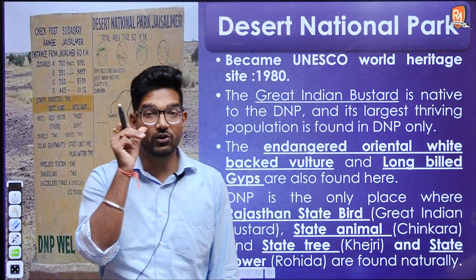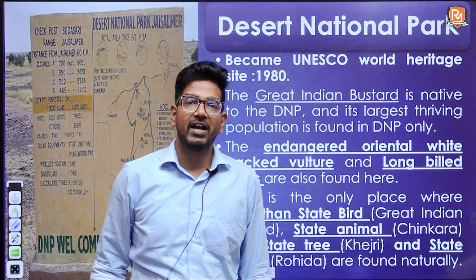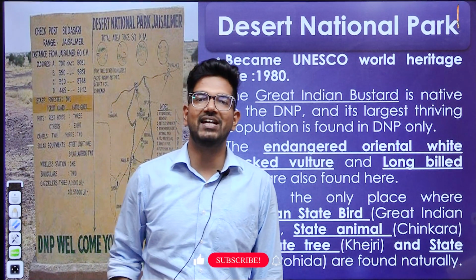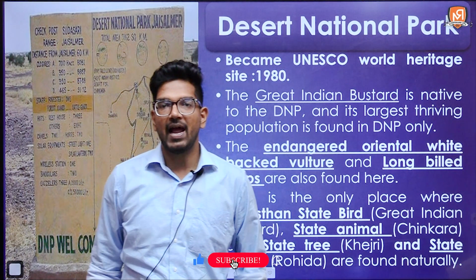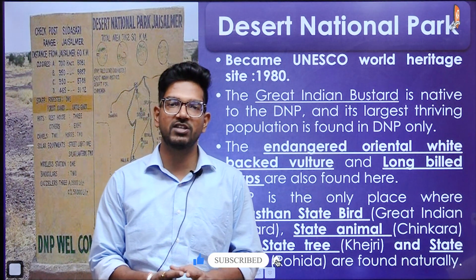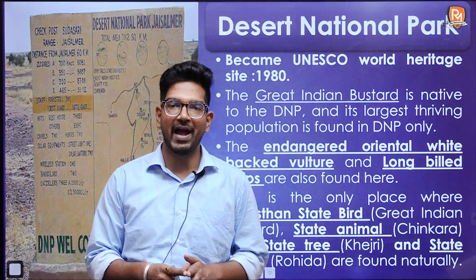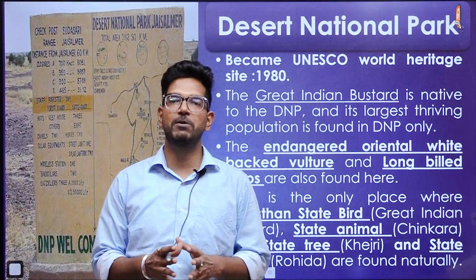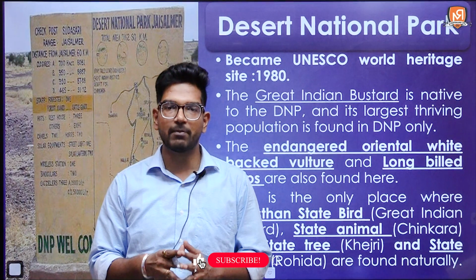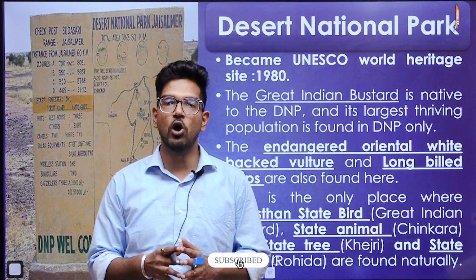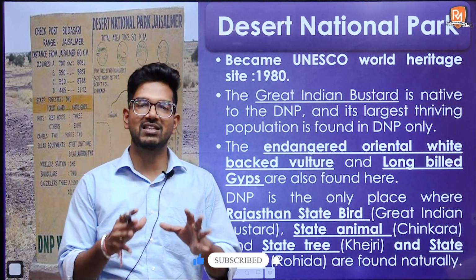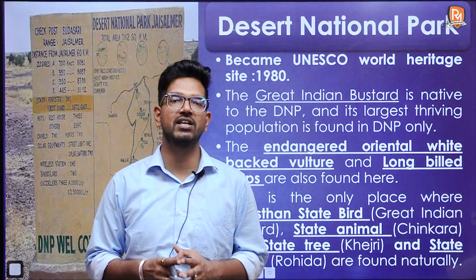Now if we talk about Desert National Park, it has been a UNESCO World Heritage Site since 1980. This national park is home to the Great Indian Bustard, which is the state bird of Rajasthan, and it also has endangered species like the white-backed vulture and long-billed vulture.